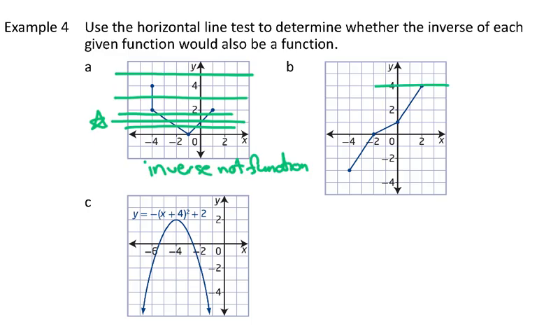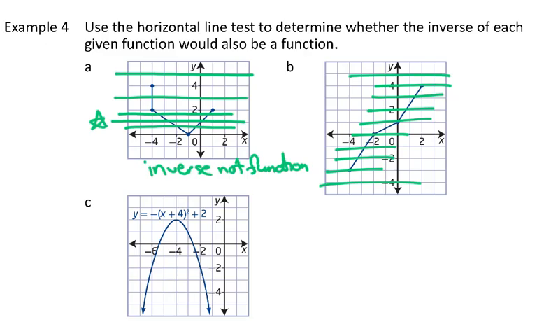B, I can draw as many horizontal lines as I want through that graph, and every single one of them passes only once, or if I go above or below, passes through no times.